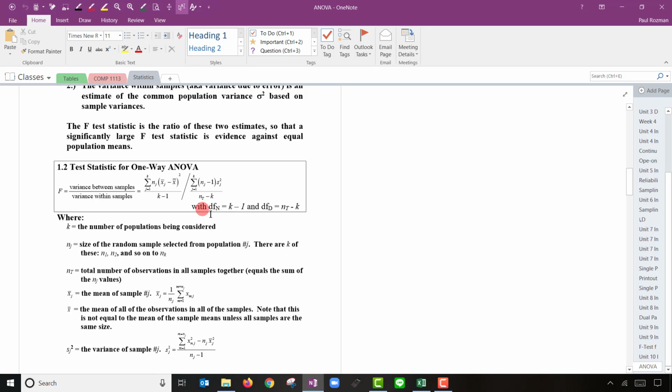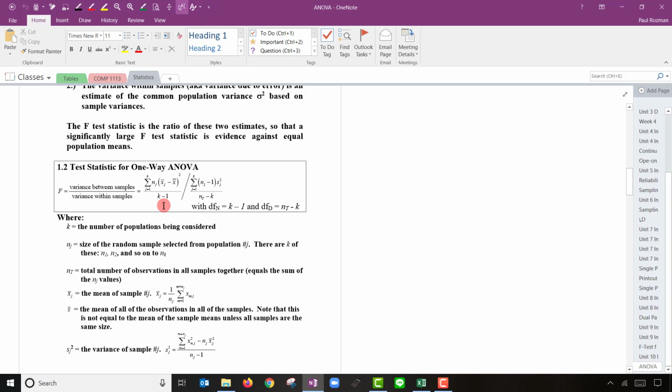And then in the denominator, we're basically taking the average of the standard deviations or variances of each group. So two different ways of calculating the variance, and they should be in the ballpark of one another. We'll have degrees of freedom here. The degrees of freedom of the numerator is k minus 1.